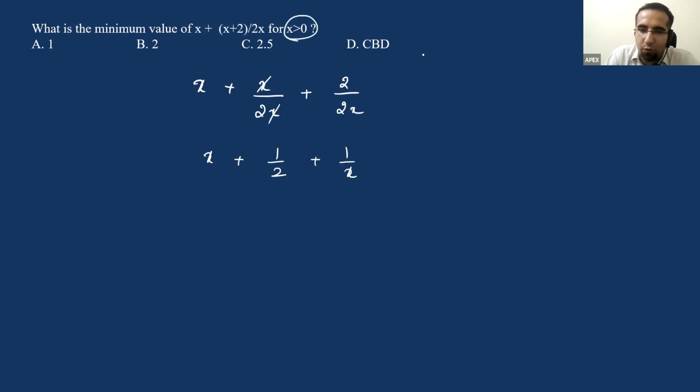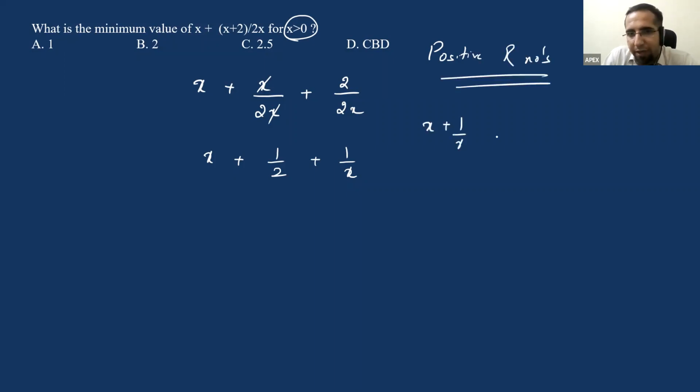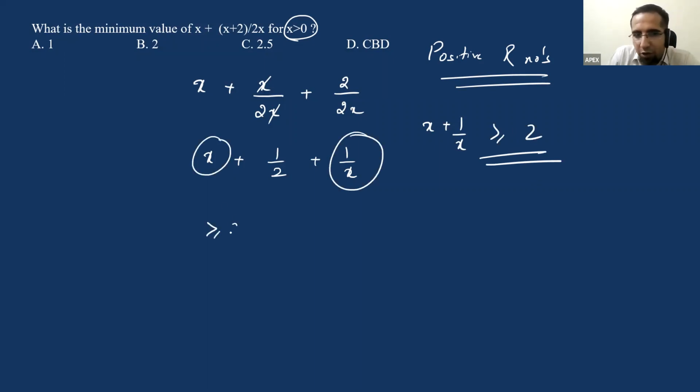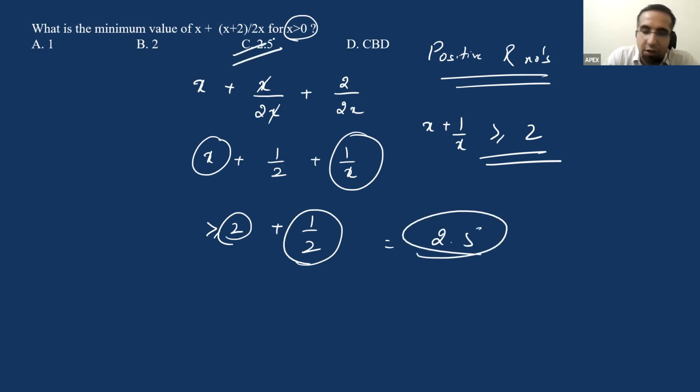Now when x is greater than 0, which means for all positive real numbers, we need to understand that x plus 1 by x is always greater than or equal to 2. So I have x plus 1 by x. So this value is always greater than or equal to 2. Plus this is half. So minimum value is 2 here. Plus half is a constant here. So therefore, the minimum value of the expression here becomes 2.5.